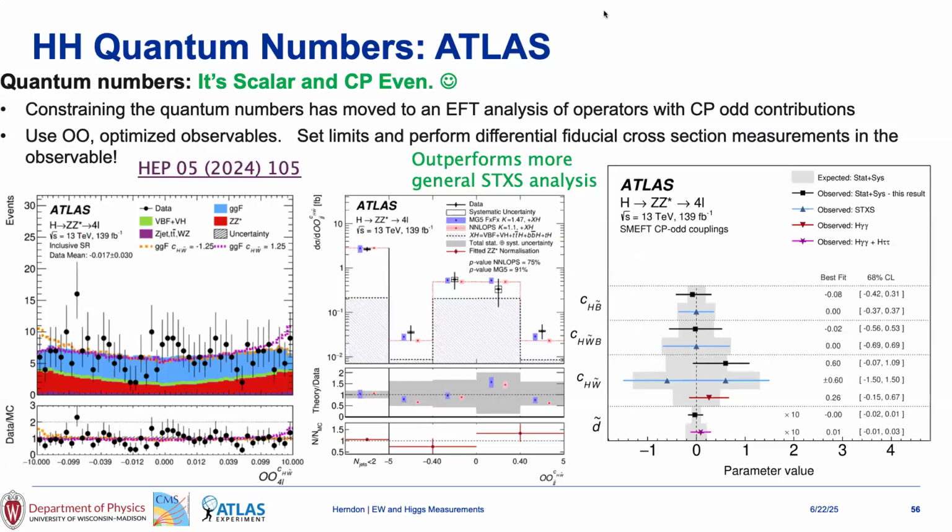Quantum numbers. Well, I think we've known for a while that it's a spin zero scalar, it's CP even. The evidence there is so strong that it's not even worth giving any plots that demonstrate that. Nowadays, constraining its quantum numbers has moved to being an EFT analysis of whether there's any CP odd contribution in the Higgs.